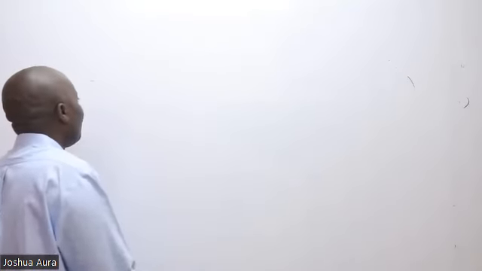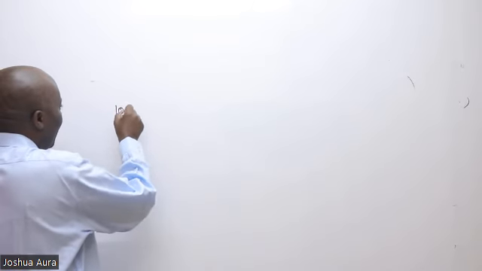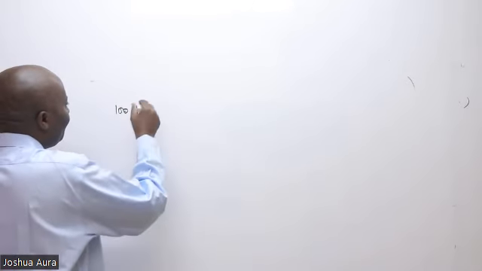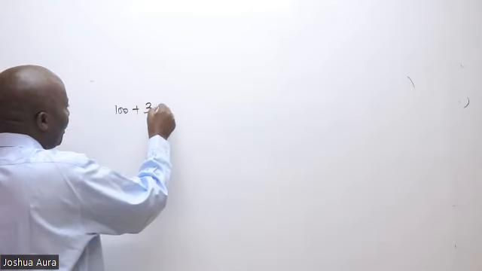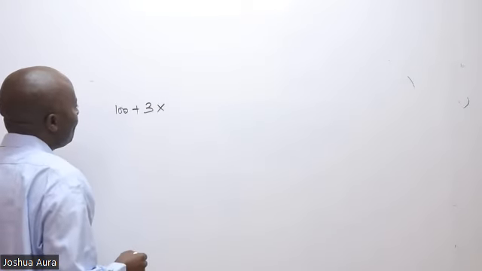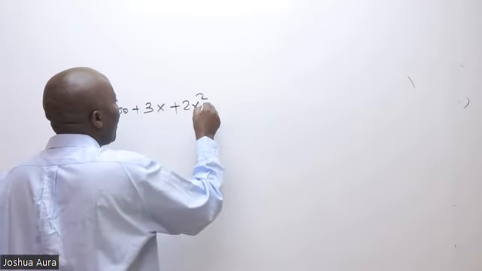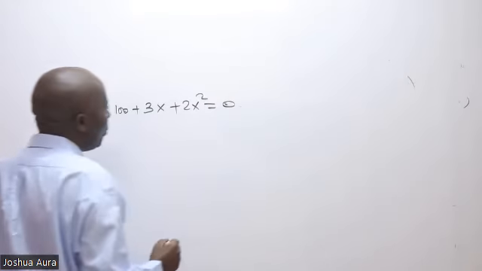If, for example, somebody gives you something like this: 100 plus 3x plus, say, 2x squared equals 0.